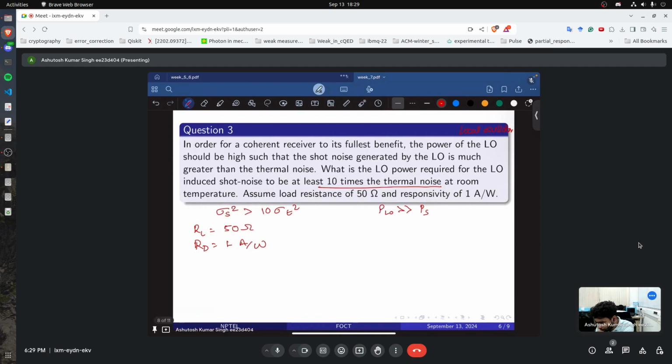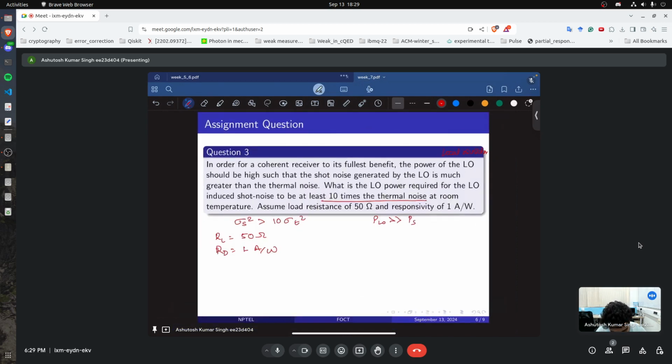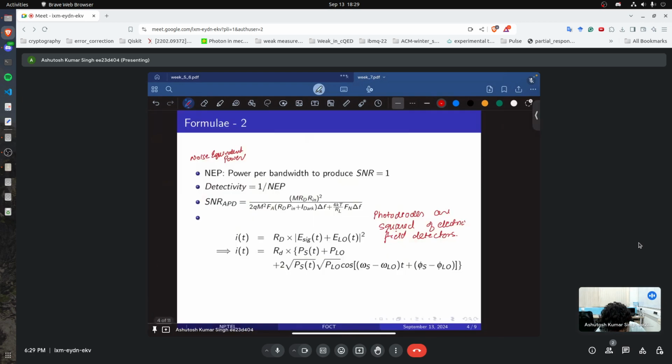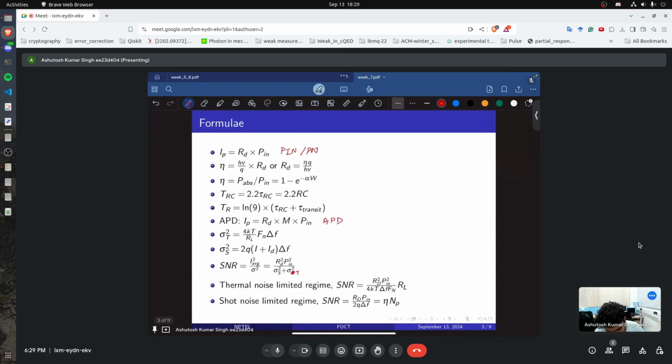Now, the shot noise variance that we would like to calculate, you can go and take a look at the formulas in the earlier sheet, and you can see that the shot noise is 2q (I plus I_d) del f.